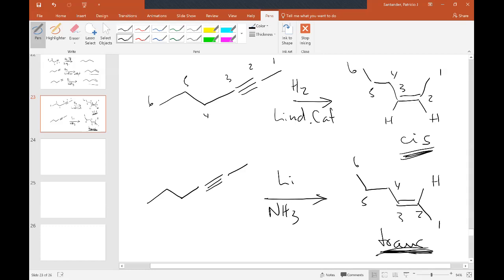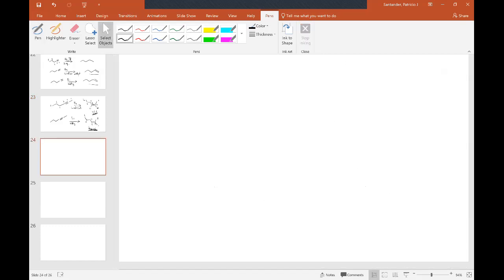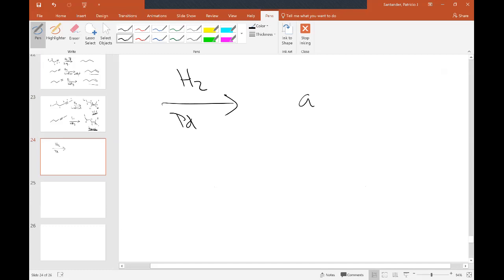So there we have three methods, right? Method number one, you can use hydrogen and palladium, and that will give you an alkane as a final product.